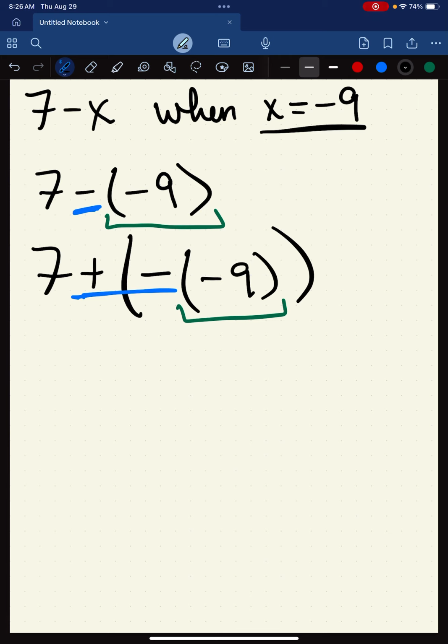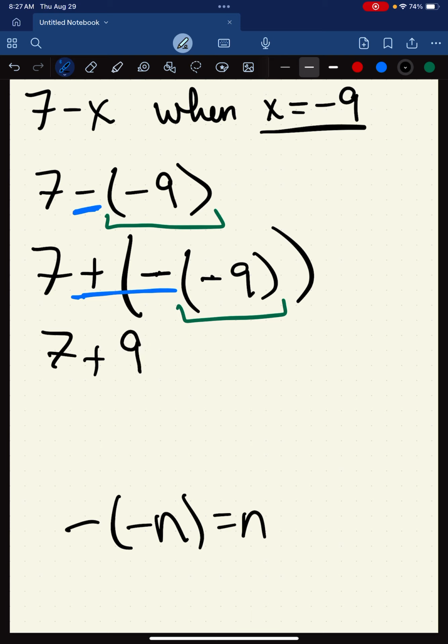Now, we talked before that the negative of a negative, that is the opposite of an opposite, if you remember, negative n, we said was just n. So we can do that here. Look, we have the negative of a negative. So really, it's just 9, right? Negative of a negative, just 9. So then 7 plus 9, that's easy, 16.